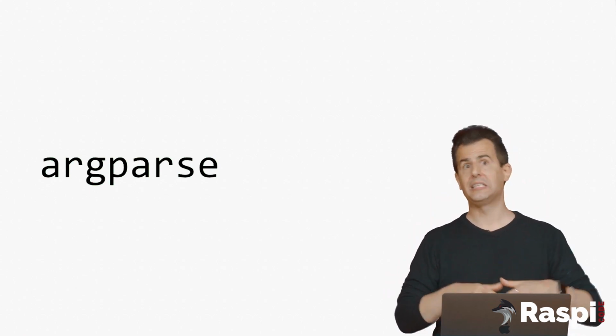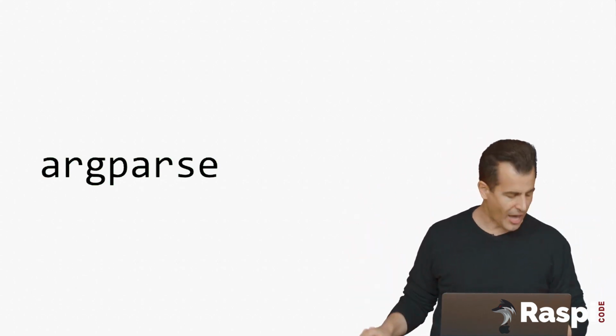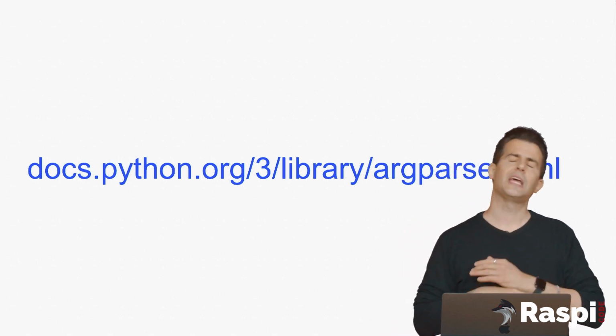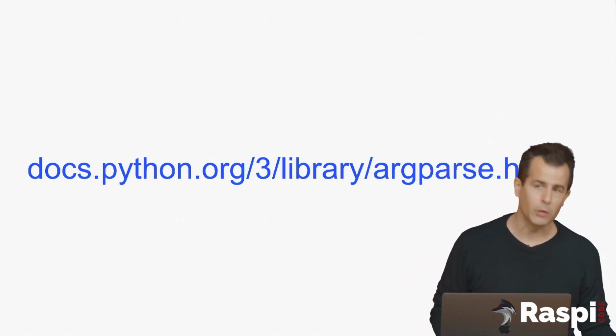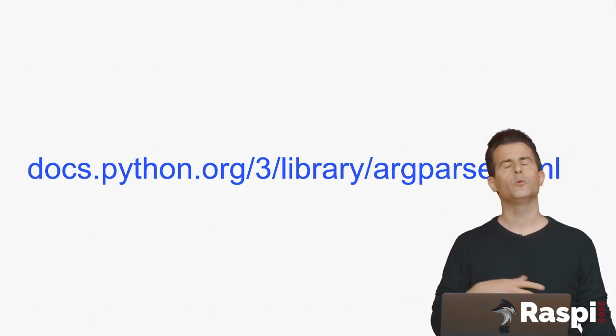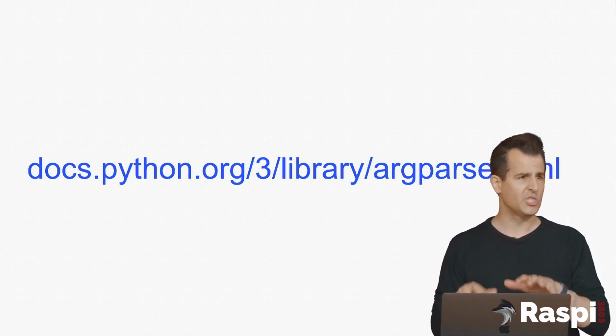And by supporting things like -n or -a or -b or -c, argparse is a library that, per its documentation, just handles all of this parsing, so to speak, this analysis of command line arguments for you automatically, so you can focus on writing the interesting parts of your program, not the command line arguments part.